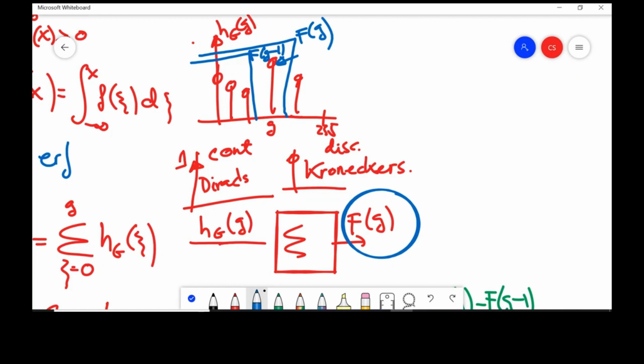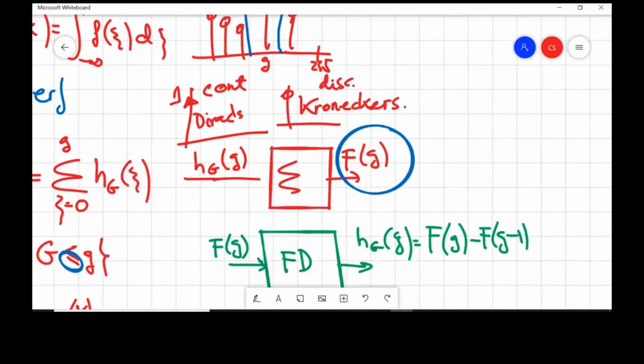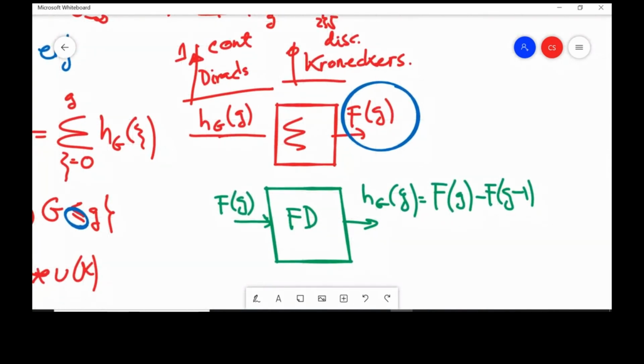And then what you have is h. Okay, so this is what I think I have written here. So you take the sum up to g, you take the sum up to g minus 1, and you subtract. And this is called the first difference.